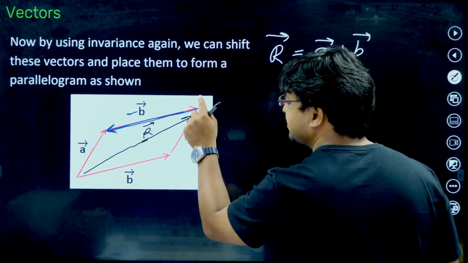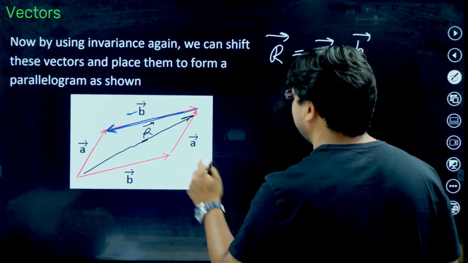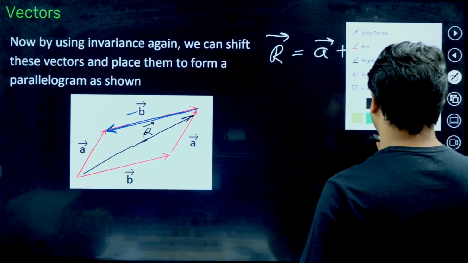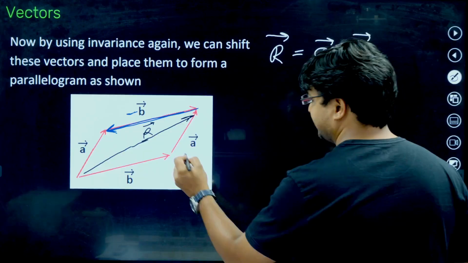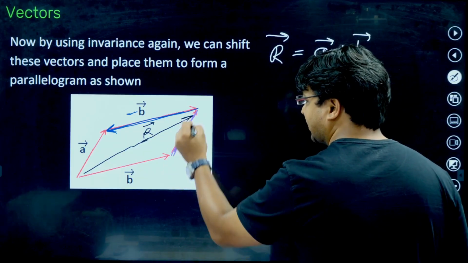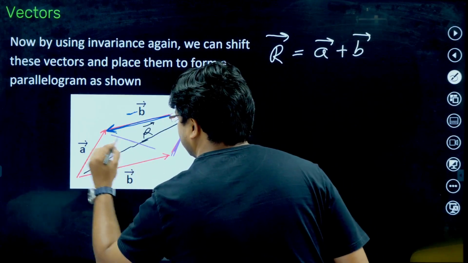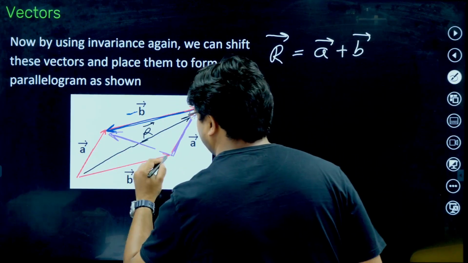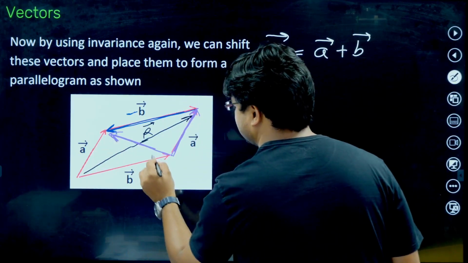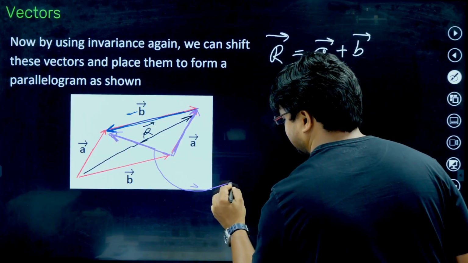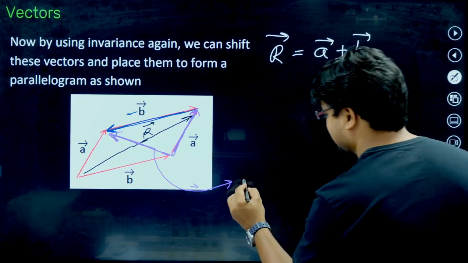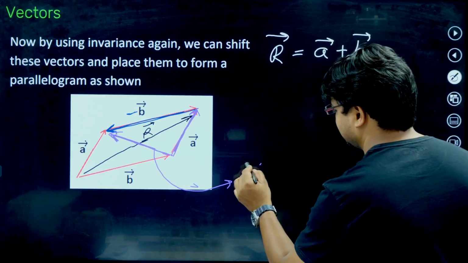Minus b vector's tail is on the head of a vector. So what we are saying is that a vector plus minus b vector is the other diagonal. This diagonal is a vector minus b vector.